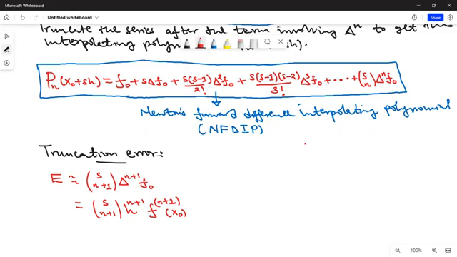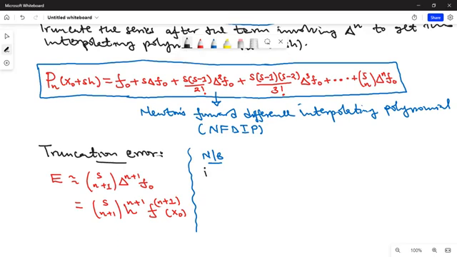Now, there's something you need to take note of. So we'll write a note, NB. Note number 1 is that this interpolating polynomial is used when tabular points, simply x values, are uniformly spaced.